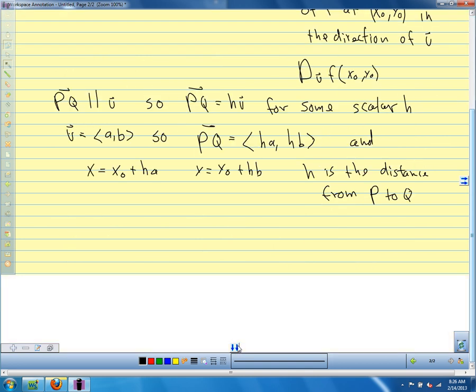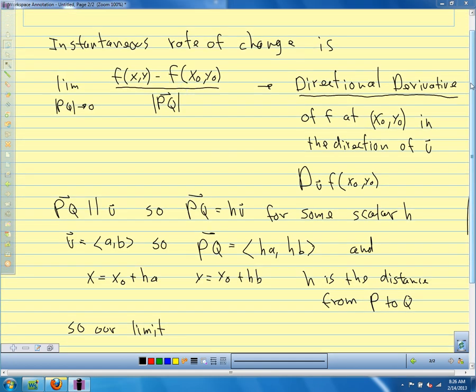So we can rewrite this limit. We're just going to substitute some of these quantities into this limit.